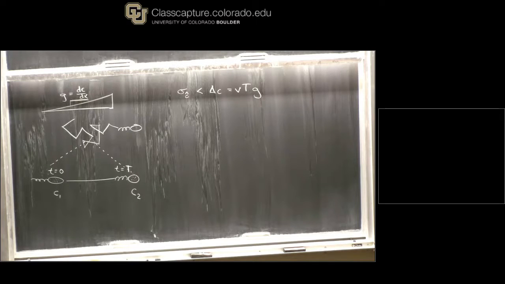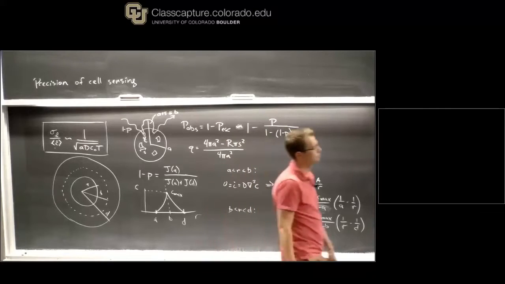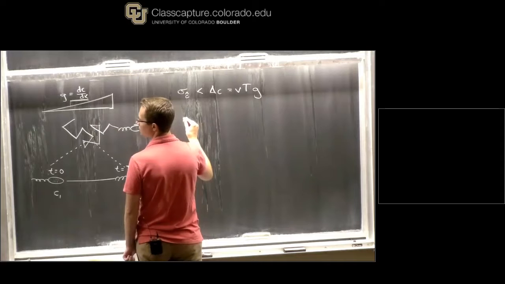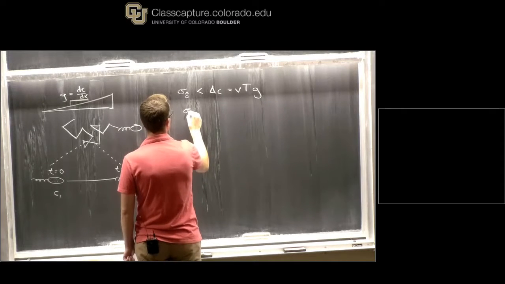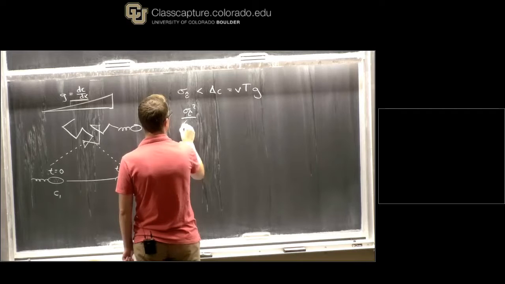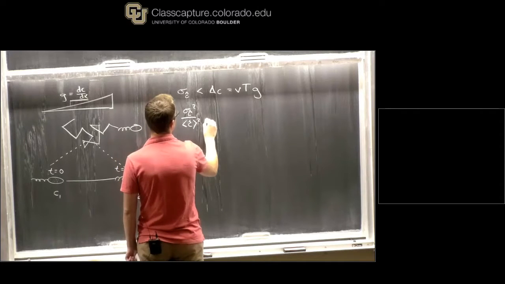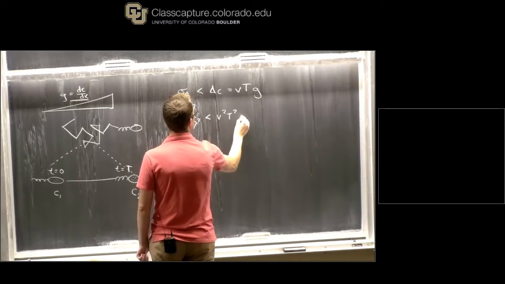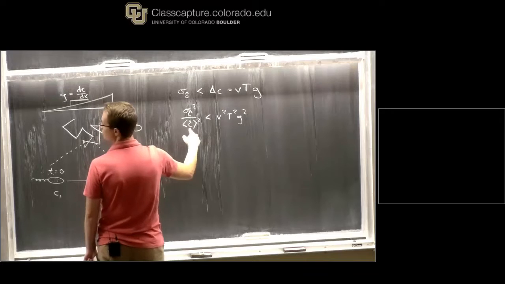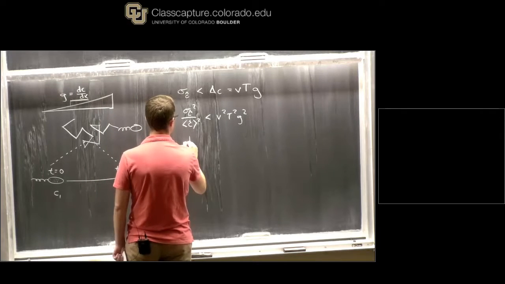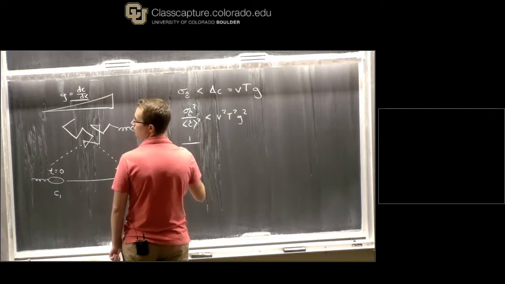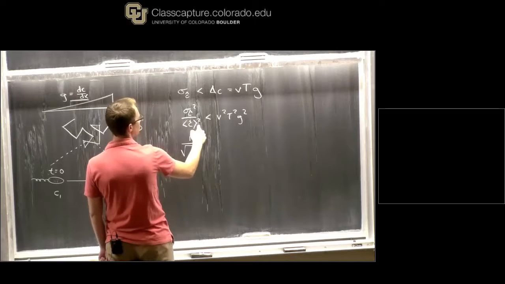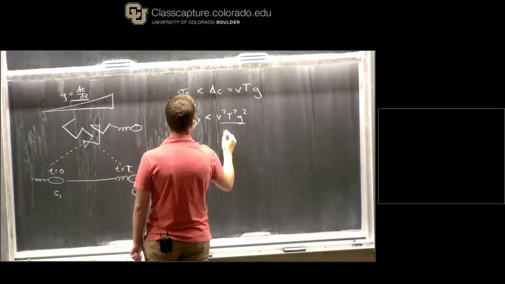And for sigma c, I'm going to use this result. So I'll make things a little bit easier on myself by squaring things. So sigma squared over c squared has to be less than v squared t squared g squared. And for this, I'm going to put in 1 over square root of, I also need to divide by c squared.